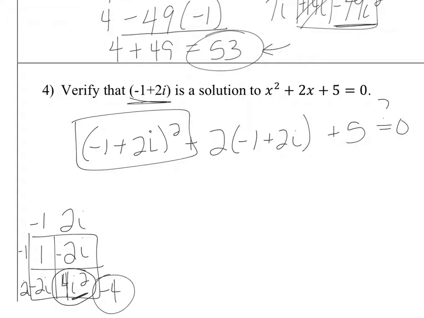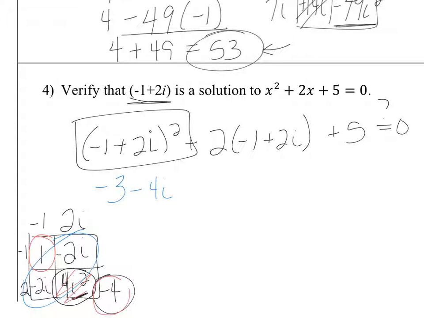That's all it really does. So this is a positive 1 and a negative 4, because we simplified that, these two combined is a negative 3. And these two combined is a negative 4i.